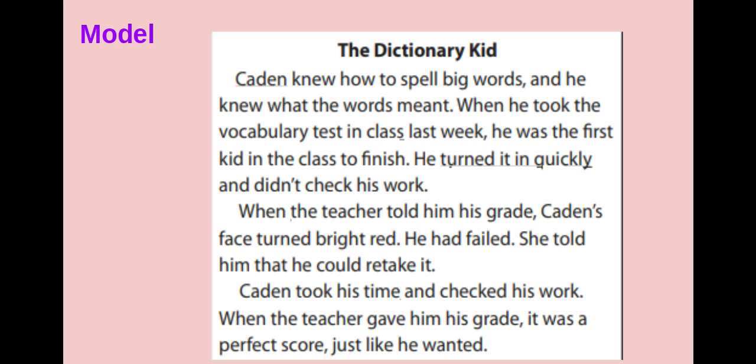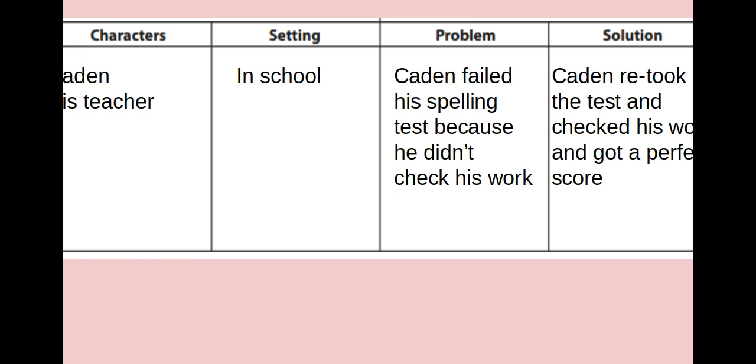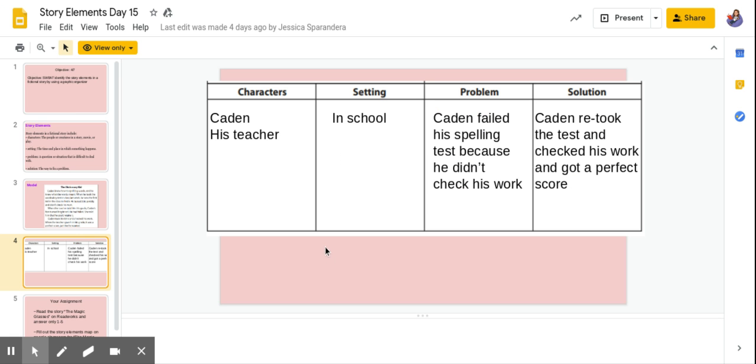And I think that's something that you can kind of learn in real life, to always take your time and double check your work, just like you all do in class every day. And this is kind of big. The characters are Caden and his teacher. The setting is in school.